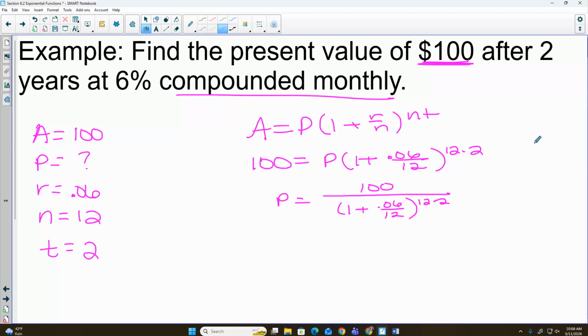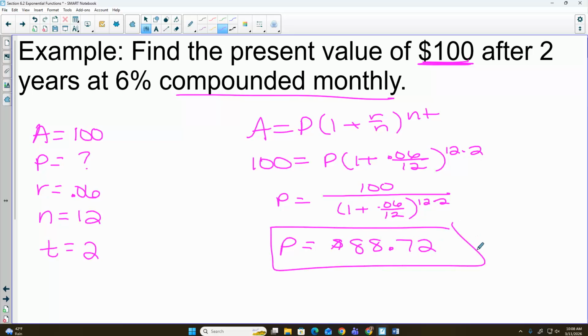I usually just go straight to my calculator and put it all in. What'd you guys get? $88.7185, so we round that to 72 cents. So $88.72 is what we have to start with.